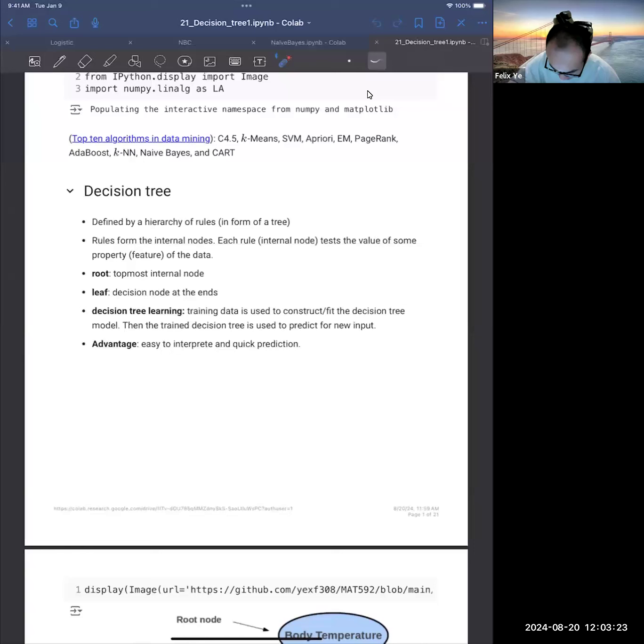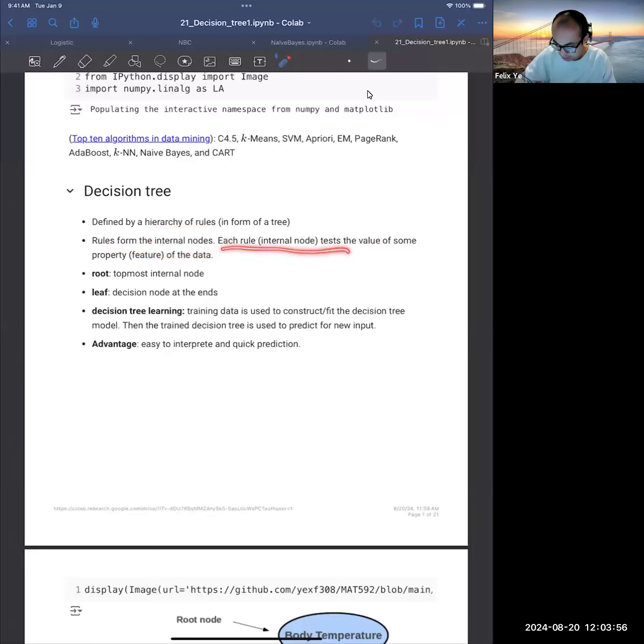The first thing about a decision tree is that it's defined by hierarchies, and the hierarchies are rules in the form of trees. I believe you have seen the tree data structure before. A decision tree can also be considered a data structure of trees. It has a rule at each internal node.